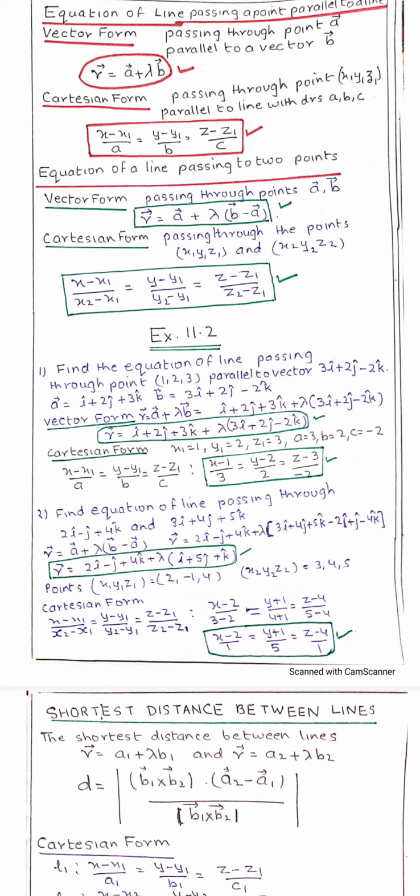Now the points x1 y1 z1 are 2, minus 1, 4, and x2 y2 z2 are 3, 4, 5. In Cartesian form it is x minus x1 upon x2 minus x1, y minus y1 upon y2 minus y1, z minus z1 upon z2 minus z1. We substitute the values of x1 y1 z1 and x2 y2 z2 and get the answer x minus 2 upon 1, y plus 1 upon 5, z minus 4 upon 1.